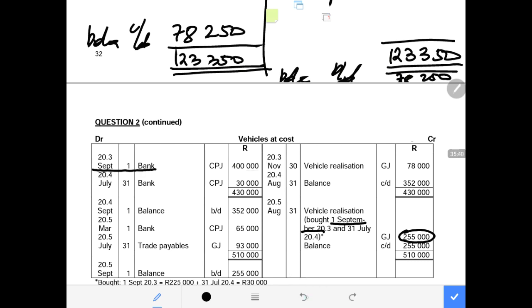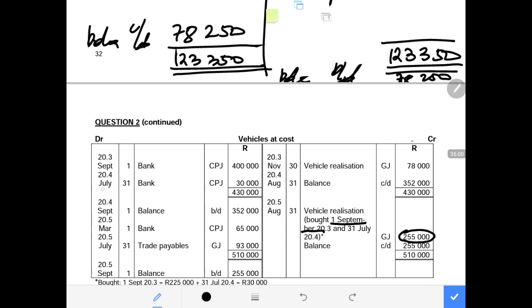And there was a purchase, but we cannot identify from this date, 1st of September, how much is included there and for which vehicle. Then let us look, because the 400,000 rands is more than the 255,000 rands. Let us look at another date.